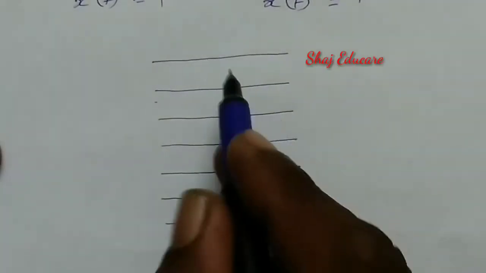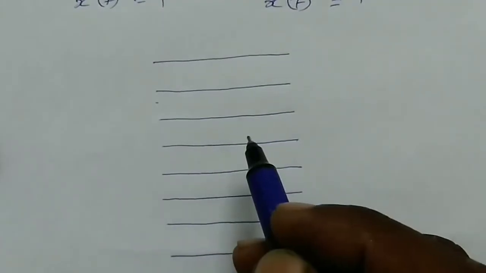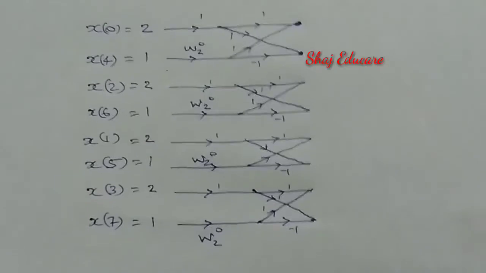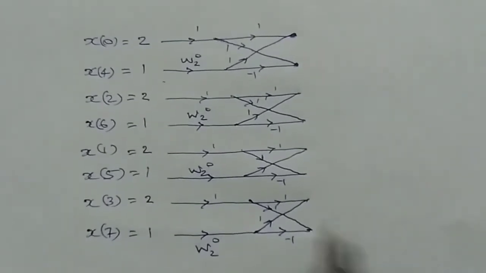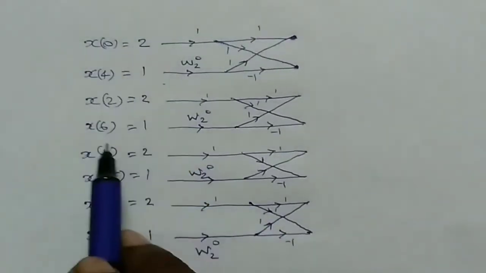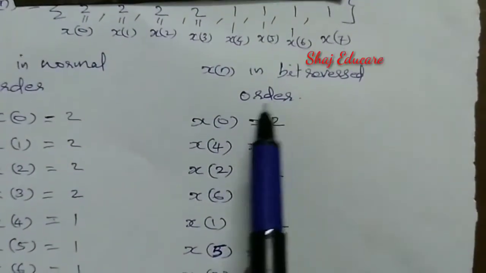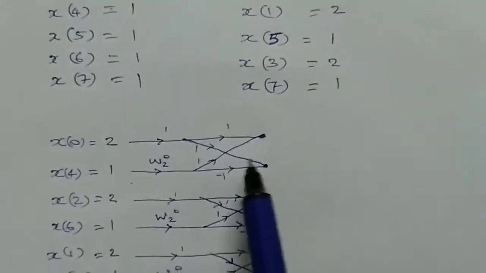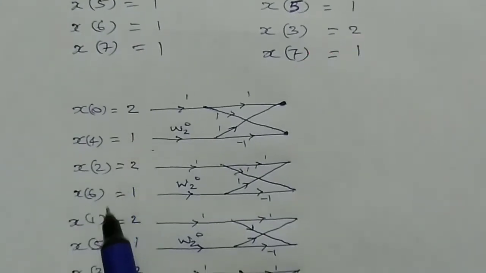I'm just going to draw the flow diagram, and I will be back to you after finishing that. Now I have completed the butterfly diagram. Here we entered the values in the bit reversed order, x of 0, 4, 2, 6, and so on.